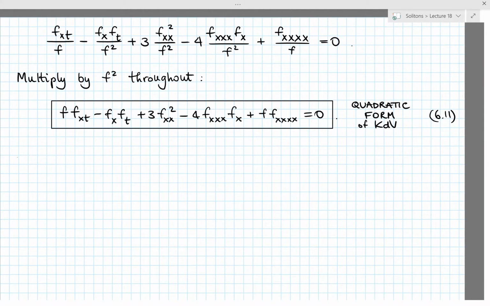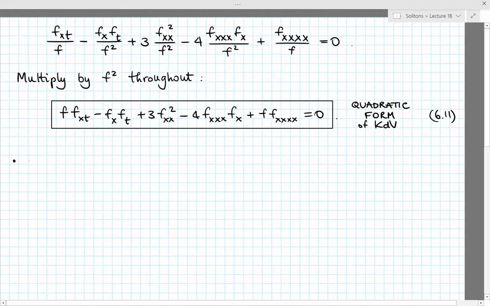When you do exercise 35 and you derive this quadratic form of the KdV equation 6.11, starting from the equation for W that we wrote earlier, you will notice that some cancellations take place along the way. But at first sight, it might not look like this quadratic form of the KdV equation is much progress compared to the initial equation 6.2 for W, which only involved 3 terms.